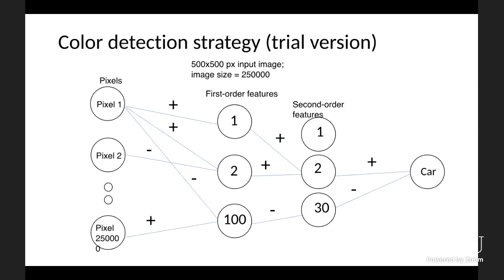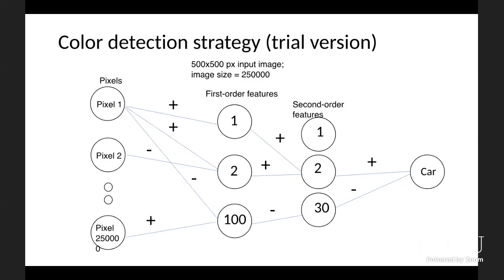And yeah, for color detection, this is my strategy. This is again very experimental. I want to use my same MLP and the weights that it gave me to understand which pixels are important and which aren't. All the pixels which contribute positively to your first order features, which in turn contribute positively to your second order features, and which contribute to your final car are super important pixels.